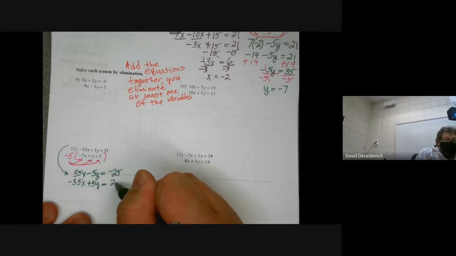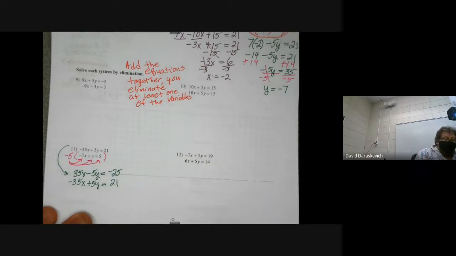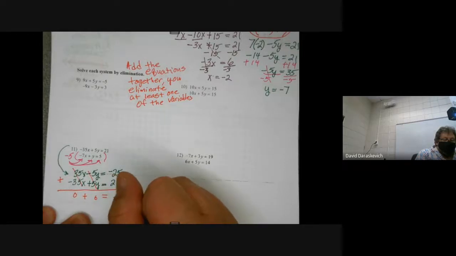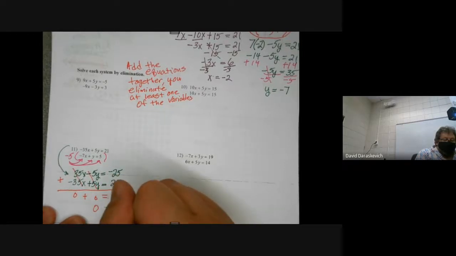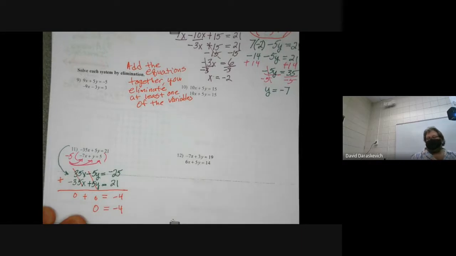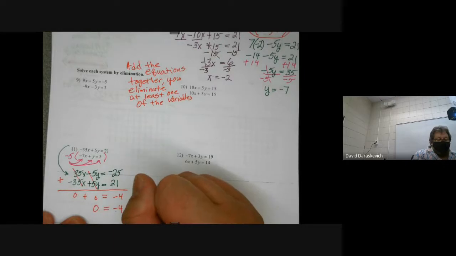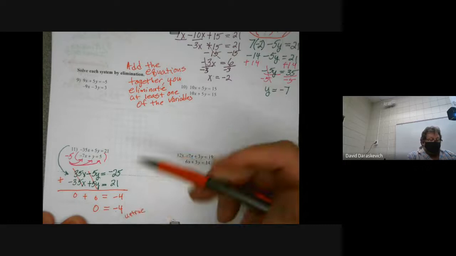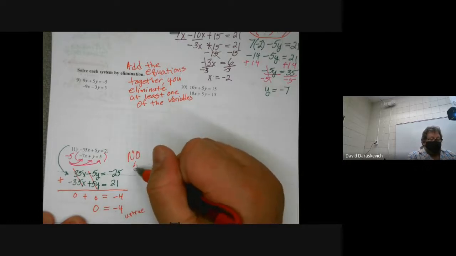Equals 21. Add these two equations together. And it just so happens both of these add up to 0. -25 plus 21 is -4. And I get 0 equals -4. This is an untrue statement. So what I have here is parallel lines. There's no solution.